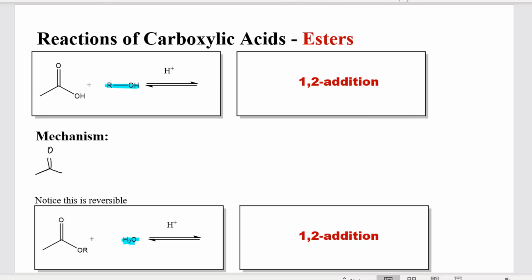If we started with a carboxylic acid, under acidic conditions, I should really put in here acid base plus 1,2 addition. The first step is acid base chemistry. Protonate your carboxylic acid, activate the carbonyl.